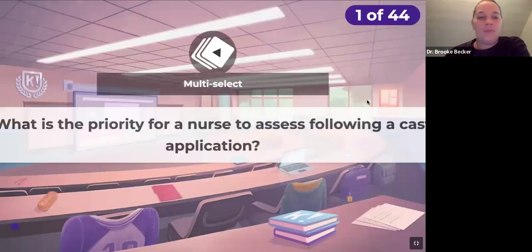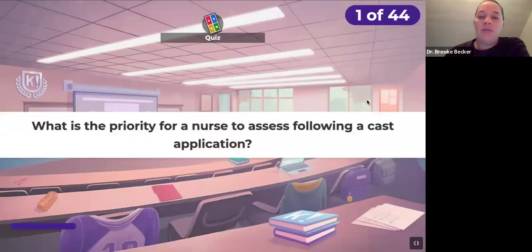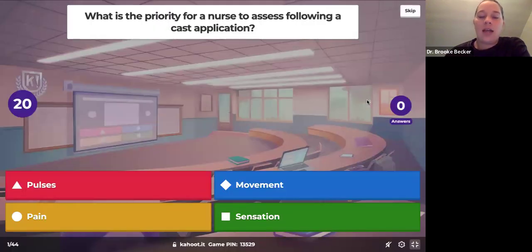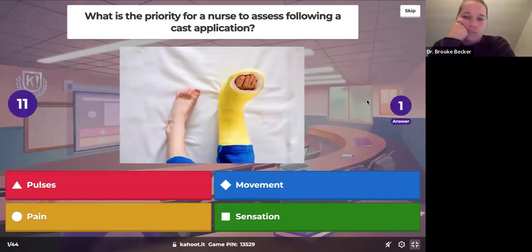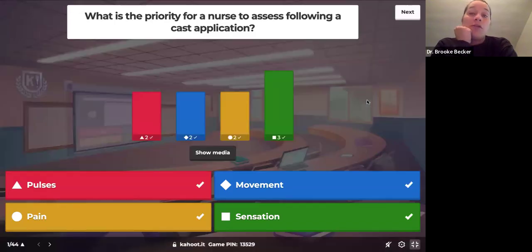Okay, multiple select. What is the priority for a nurse to assess following a cast application? Pulses, movement, pain, sensation. So all four of those things. After a cast is put on, you want to make sure that they can wiggle their toes.